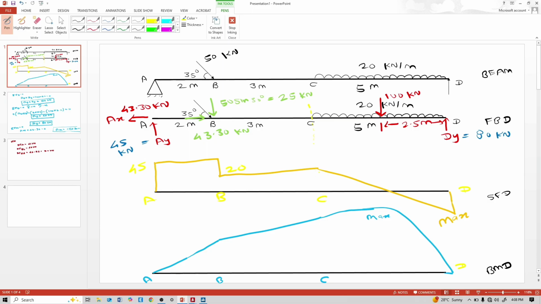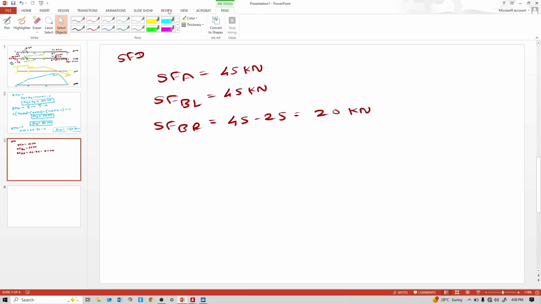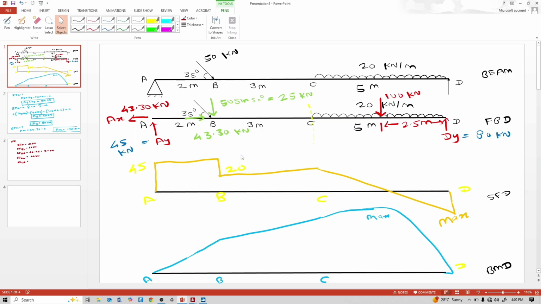Now at point C, towards left and towards right. Shear force at point C towards left is similar, 20 kilonewton, because no load in between this, and shear force at C towards right is 45 minus 25, and so it is an inclined line due to this uniformly distributed load.